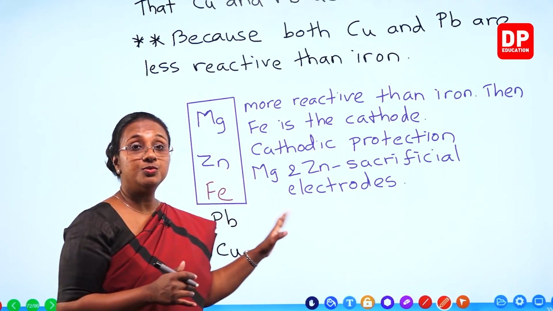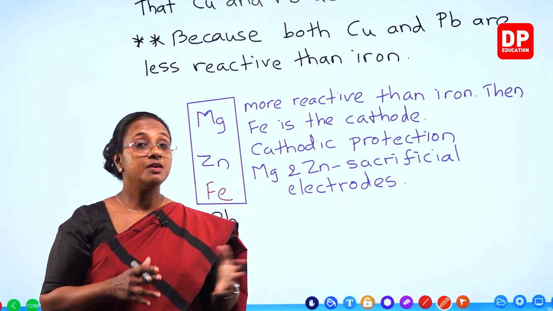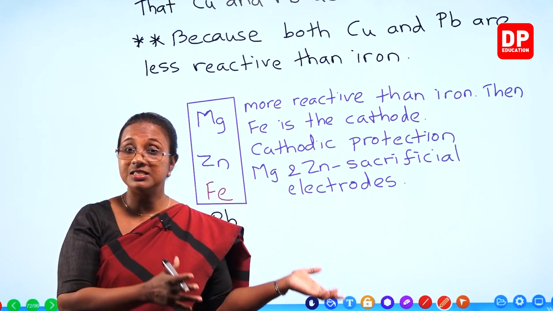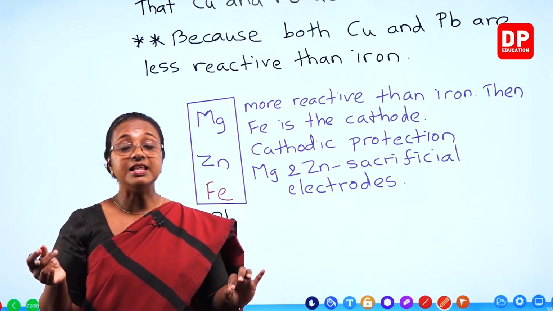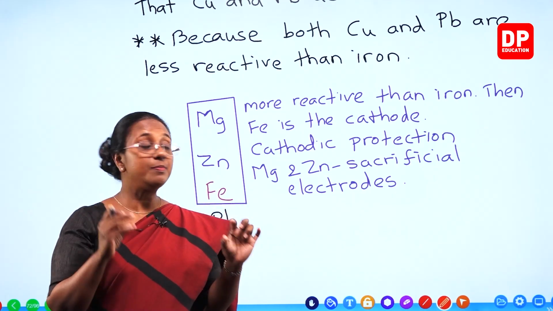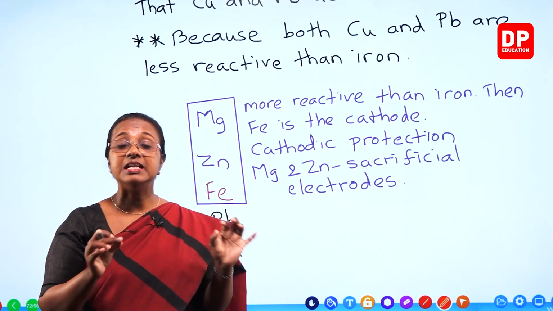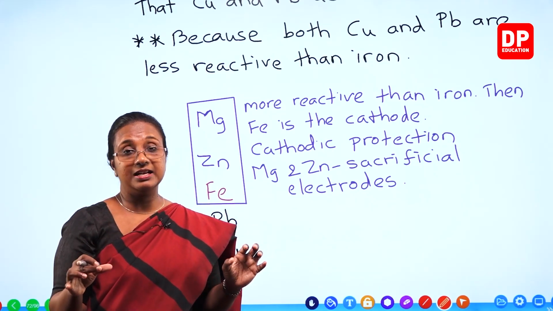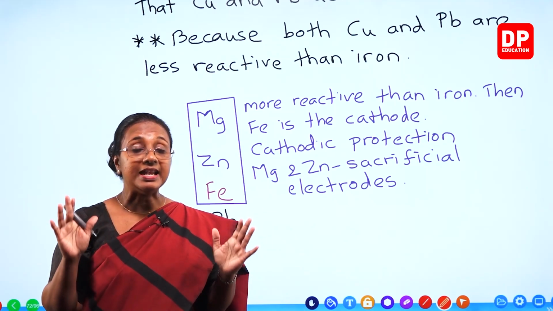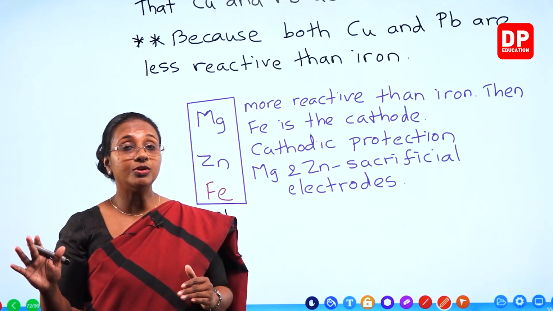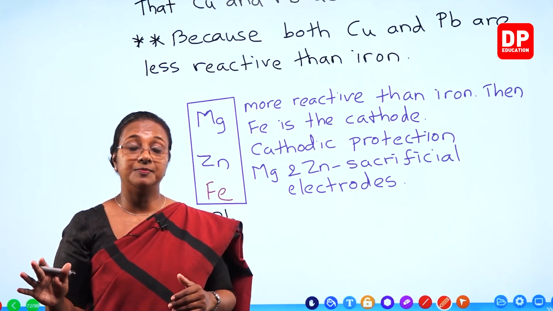This method is used in the hulls of ships, which are very large structures in the sea, with salt, so high chances of rusting. They have small pieces of magnesium inserted between the iron. So magnesium will be the sacrificial electrode and iron will be the cathode, and it will be protected.